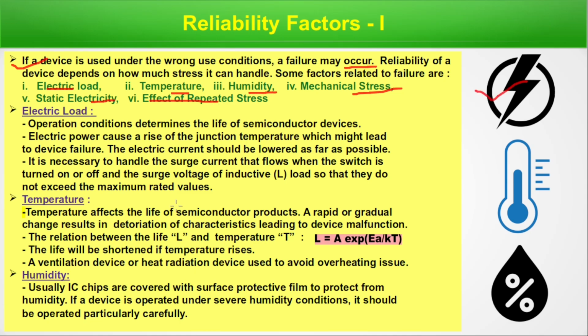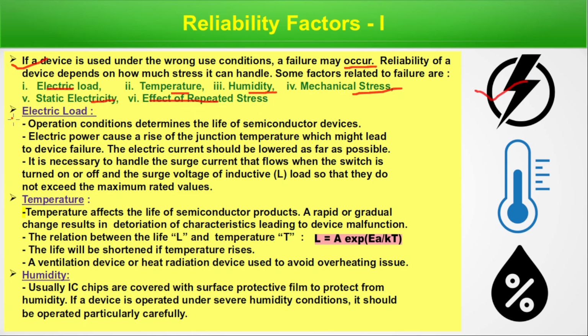A device not only gets damaged because of manufacturing defect or material defect, it can also get damaged because of rough handling or mishandling. Wrong use condition and wrong handling basically create stress on the device. How much external stress it can handle decides whether the device is reliable or not.